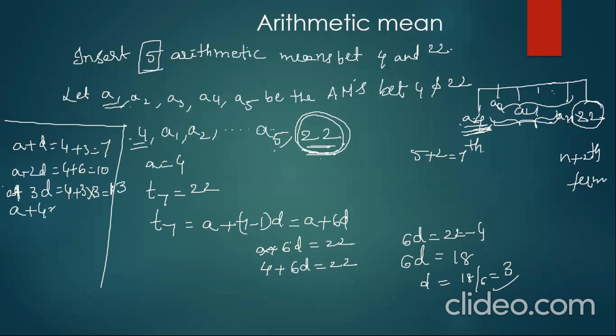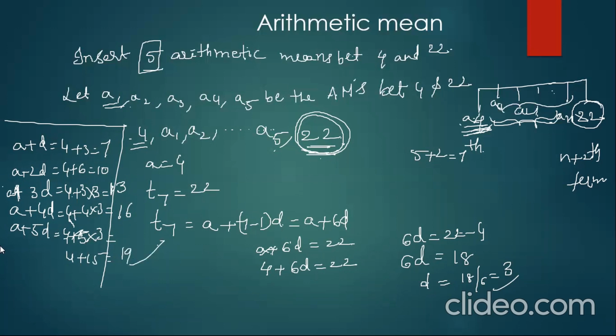Next, A plus 4D: 4 plus 4 into 3, which is 16. A plus 5D: 4 plus 5 into 3, which is 4 plus 15, equal to 19.